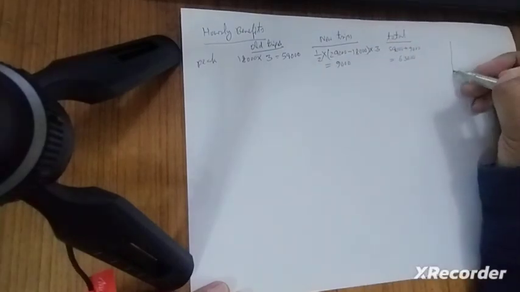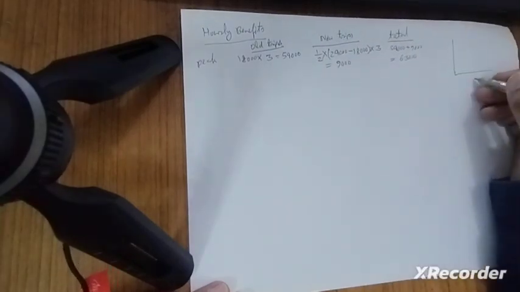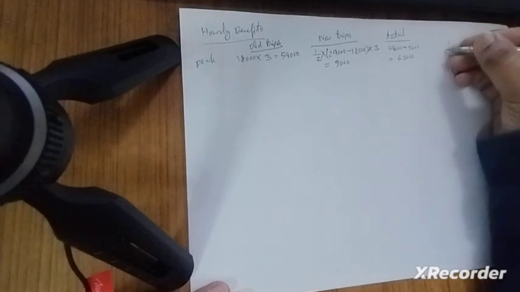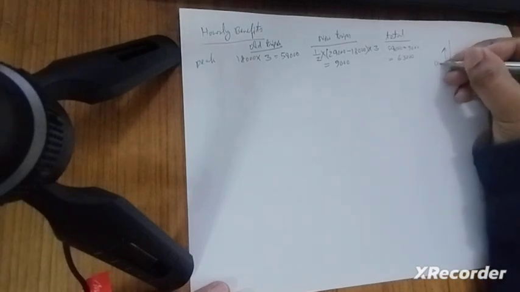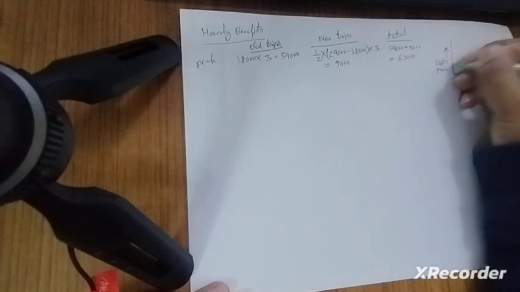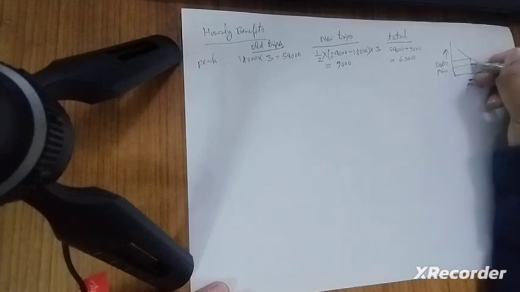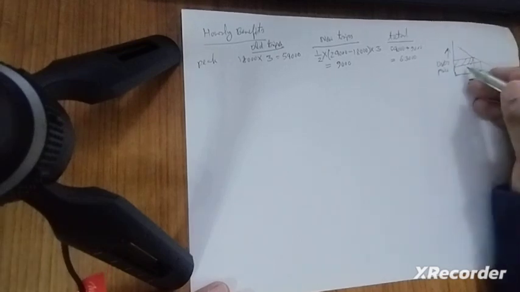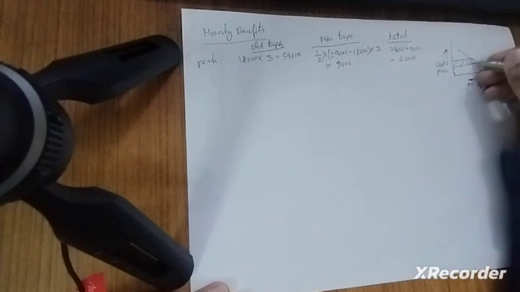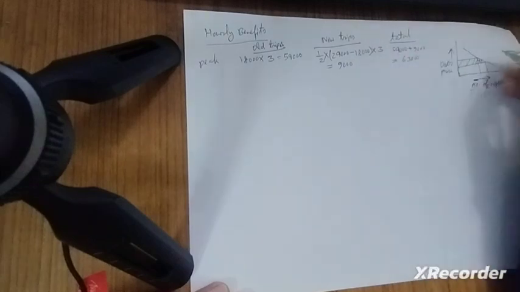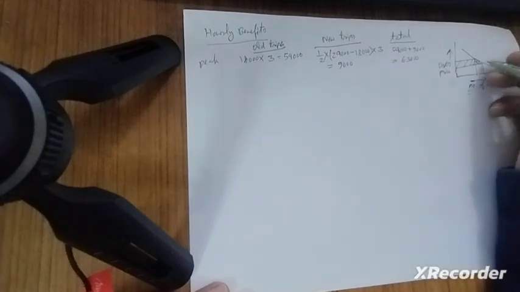Actually this half comes from a graph. If number of users is on the x-axis and the y-axis is user price, in that case this is the slope, and within this rectangular portion is our old trip benefit, and this triangular portion, that is half into base into perpendicular, is our new trip benefit.